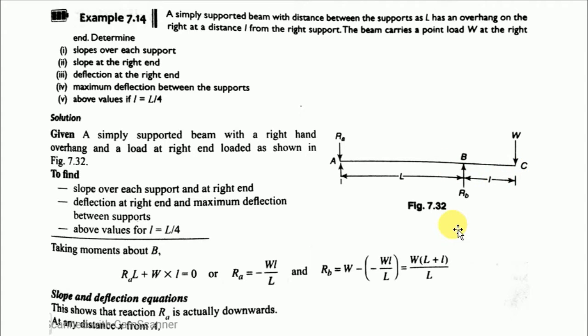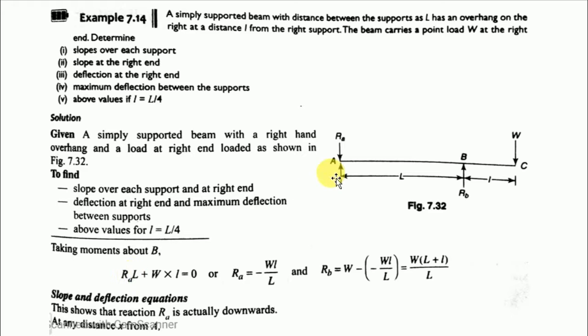So first of all, we have to find the support reactions, as we always do before any further analysis of the beam. So first we take moment about B. If we take a moment about B, then we consider RA as the upward reaction, as you see right now on the figure.